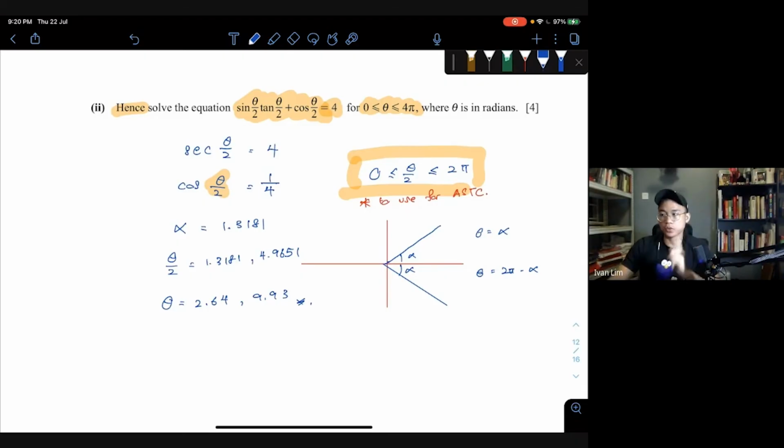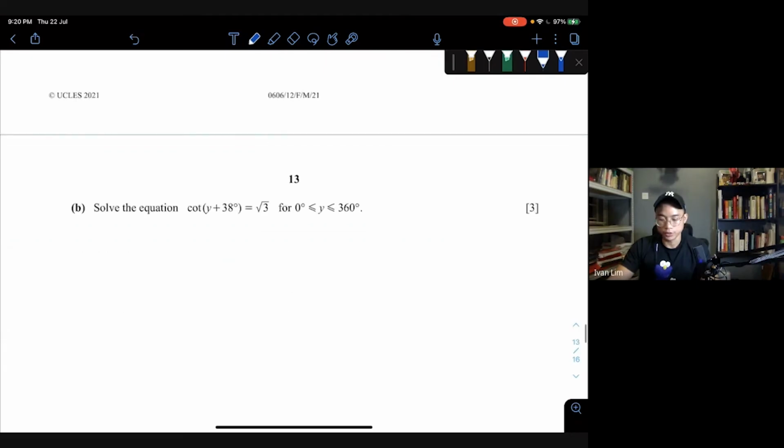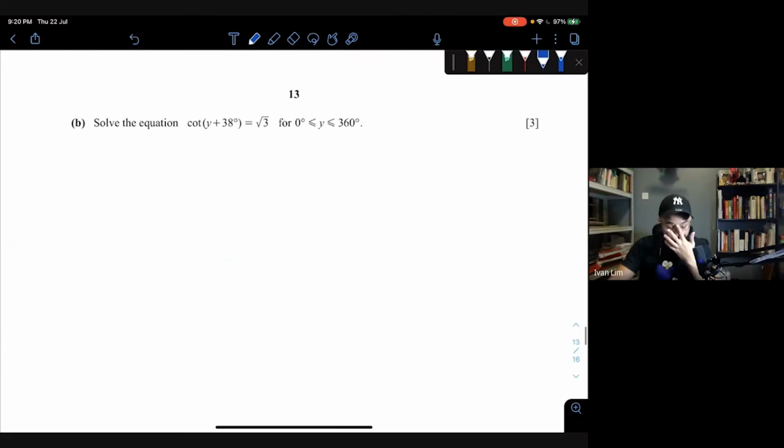The next one is a bit more tricky. Solve the equation cot of y plus 38 degrees equals root 3, for y from 0 degrees to 360 degrees.